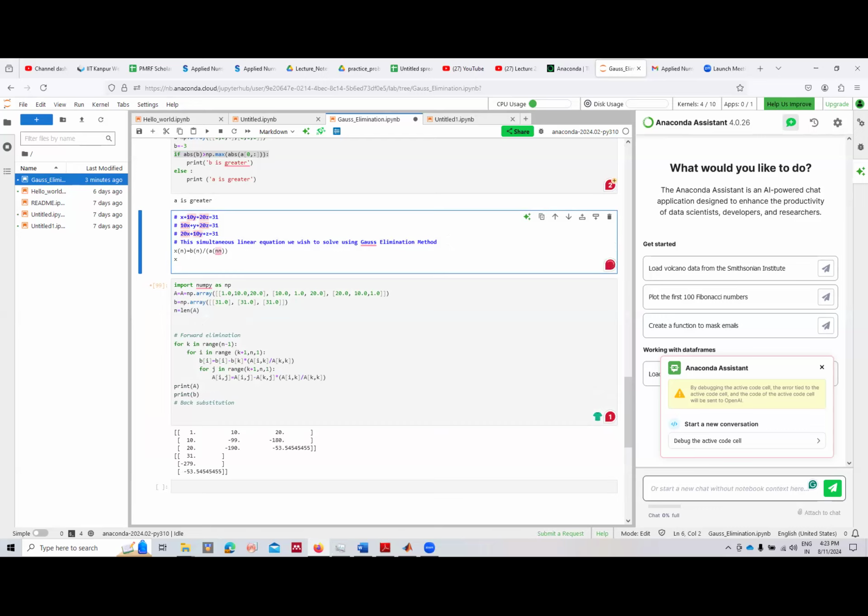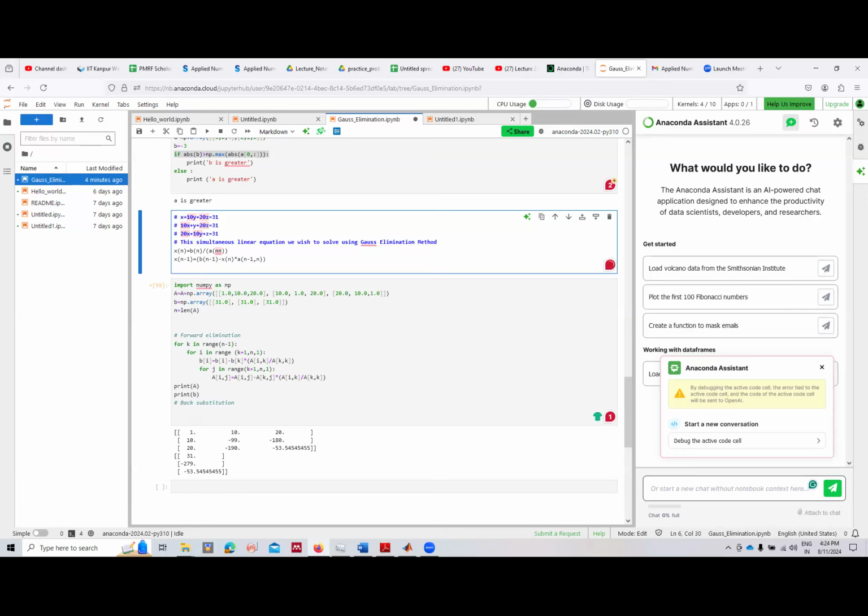Other terms was, suppose a n minus 1 I wanted to represent. So that was equal to b of n minus 1 minus xn multiplied by a n minus 1 row and nth column.